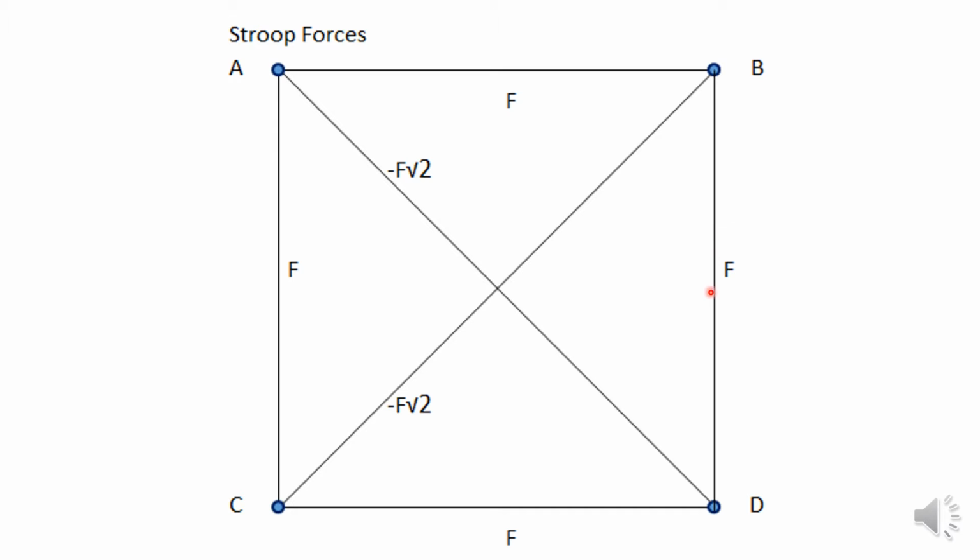Just remember, a positive force indicates tension, a negative value of a force indicates compression. So the F here, depending on whether it's positive or negative, can mean a tensile or a compressive force. So no arrows are drawn to indicate the direction of the forces here.